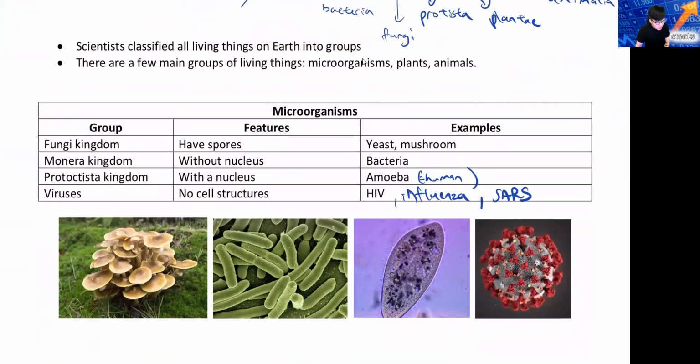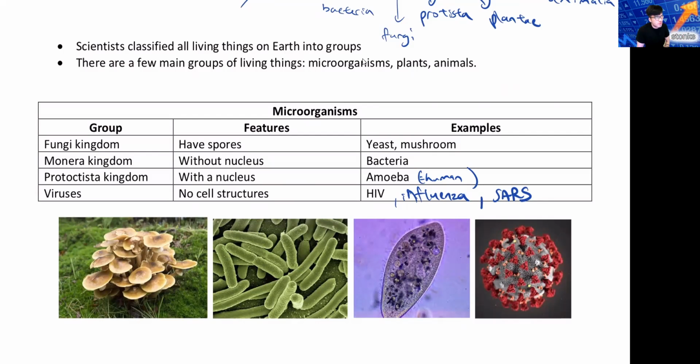As we know, scientists classify all living things on Earth into groups. You have different groups of living things, and each is in a certain group because they have common characteristics. That's why those in the same group usually look almost the same, or have some kind of similarity.